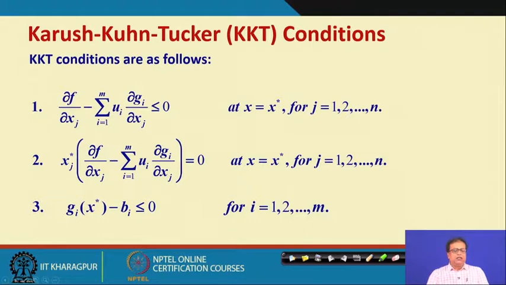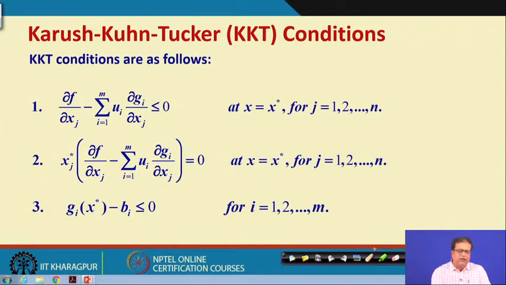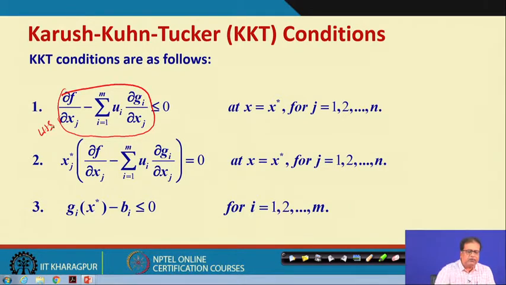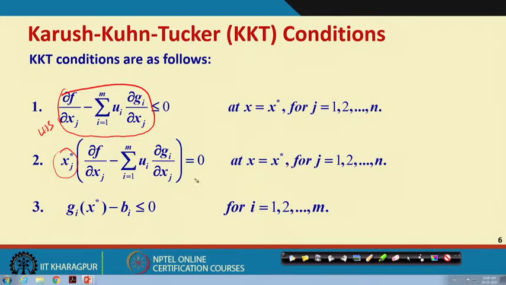The second condition is just the first part, the same portion as the left hand side of the first condition, multiplied by xj star. So, whatever differential part you get for the first condition, if you multiply by xj star, that should be 0.